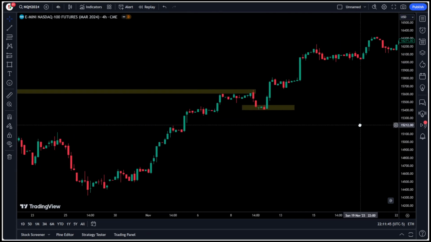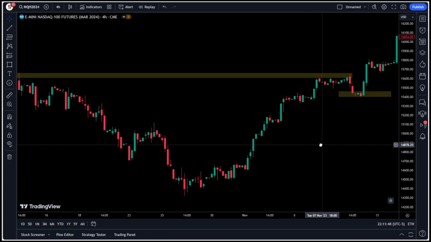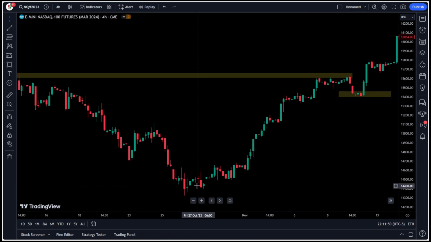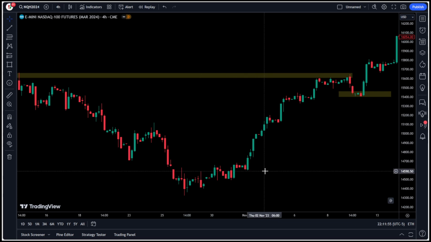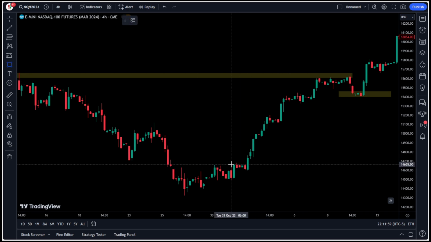Correct? Got it? So we have done. Now here we can find another order block for a buy side entry.